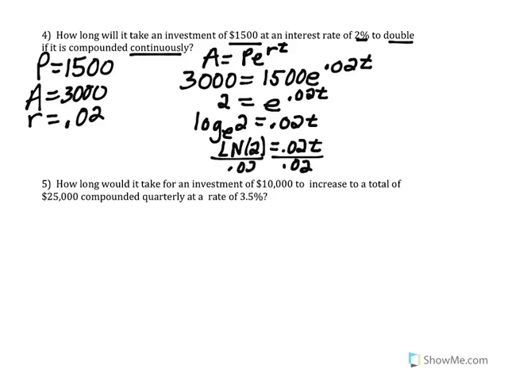Remember, your other option is to take the ln of both sides because it is an e problem. So we're going to do ln of 2 divided by 0.02, and that's going to give us our time of 34.66 years. That's a long time for that to double because the interest rate is so small.